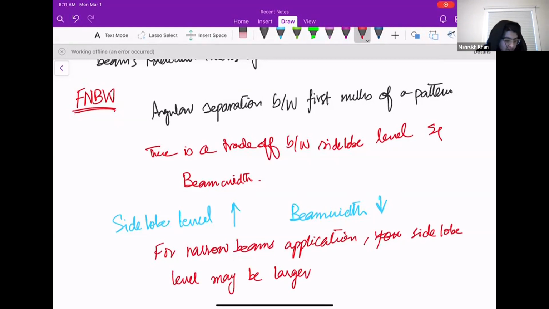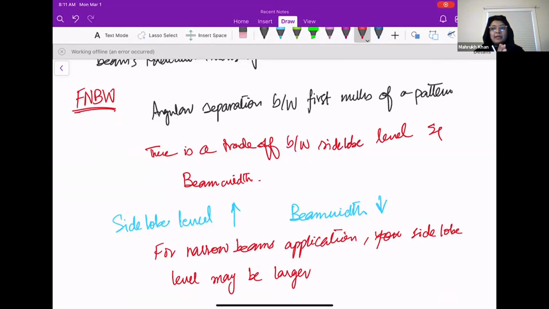Another thing about beams is that you can have several beams of an antenna, or you can control the phase of the beam or the angle of the beam. So the beam helps you to resolve the target.